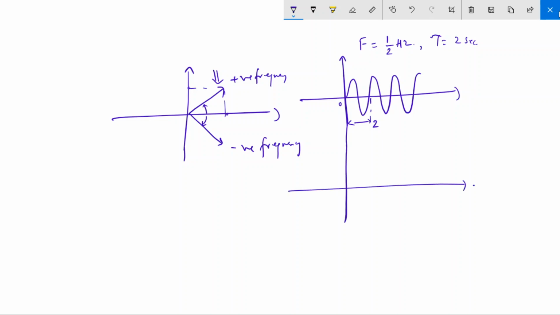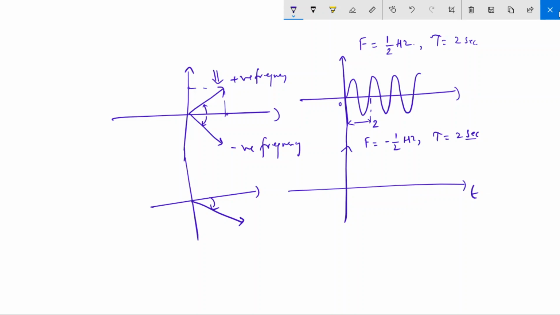Now if you have a negative frequency of minus 1 by 2 hertz, what does it mean? The time period is again the same, 2 seconds. You are getting the same sine wave, but it is now generated by this phasor which is rotating in the negative direction.